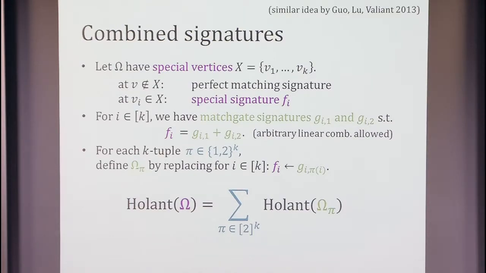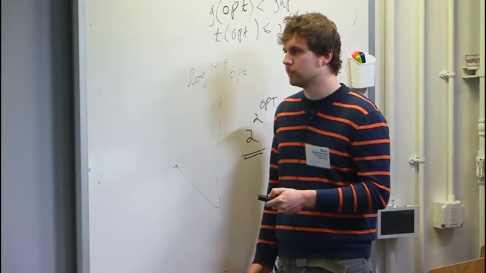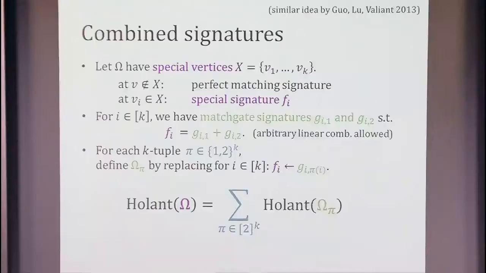So we get graphs where we replaced all special signatures by some particular choice of these linear combination constituents, and you end up with graphs that have only perfect matching signatures, with no special signatures left. This can be used to take a signature graph which has some signatures which are too complex for us to realize, express them as some linear combination of simpler signatures, and then end up with graphs which have only the simple signatures in them.